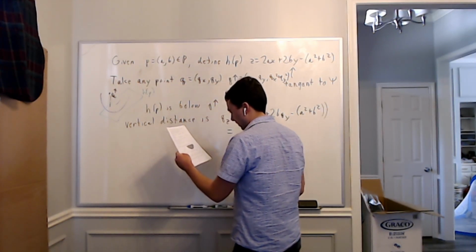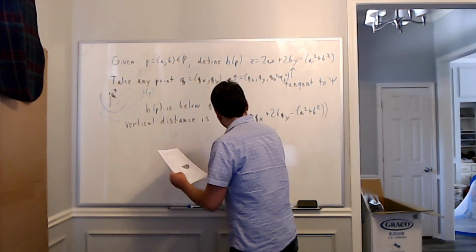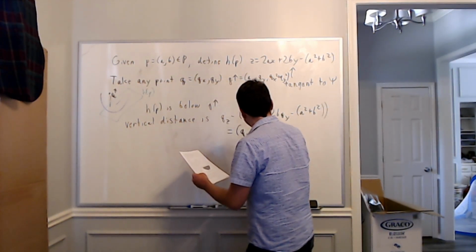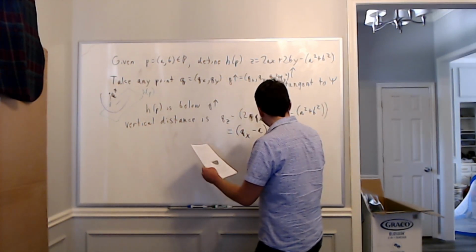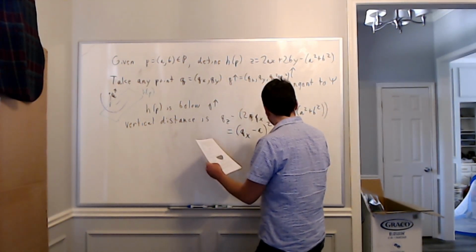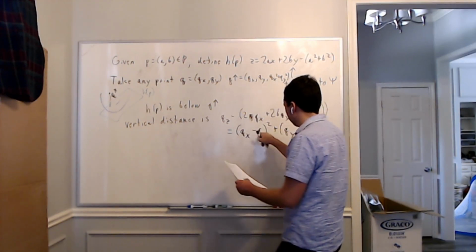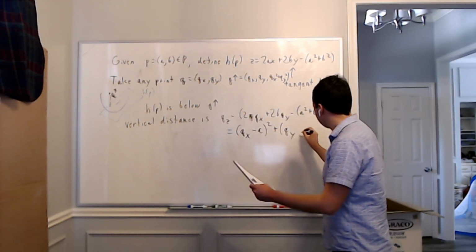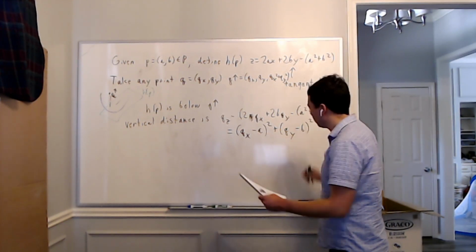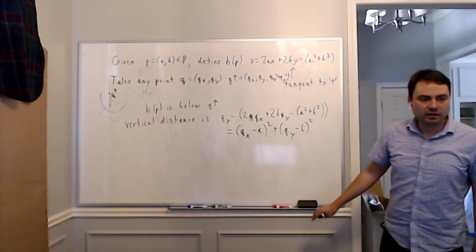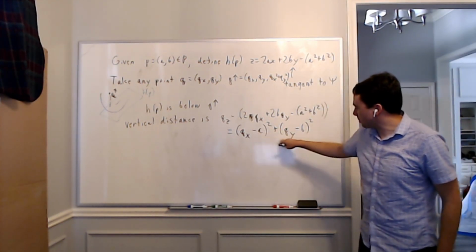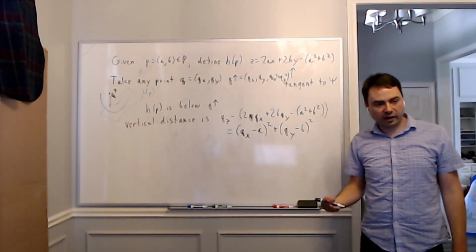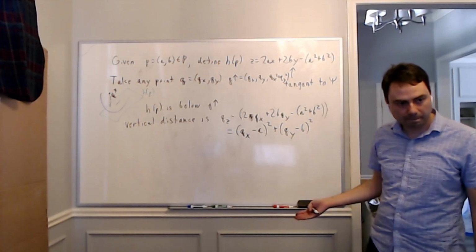Maybe just trust me: you do a bunch of simplifications, complete some squares, and this ends up solving to (q sub x minus a) squared plus (q sub y minus b) squared. This expression is the square of the distance from Q to P.